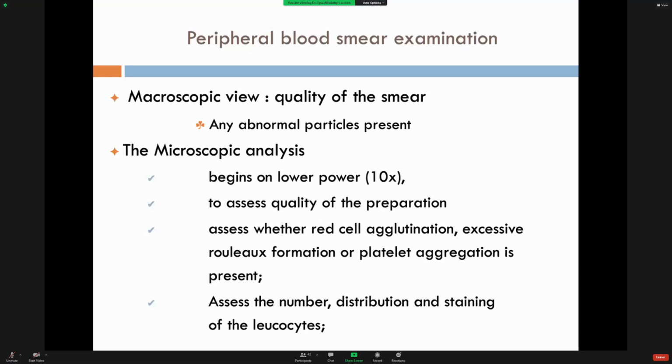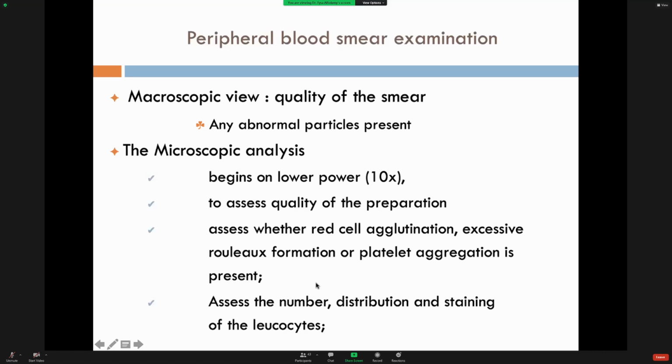Peripheral blood smear, the macroscopic view is very important: there should be no abnormal particles present, to avoid any mistake in reading the peripheral blood smear. Usually microscopic analysis starts with the lower power. Assess the quality of preparations. Assess whether red cell agglutination, excessive rouleaux formations, or platelet segregation is present.